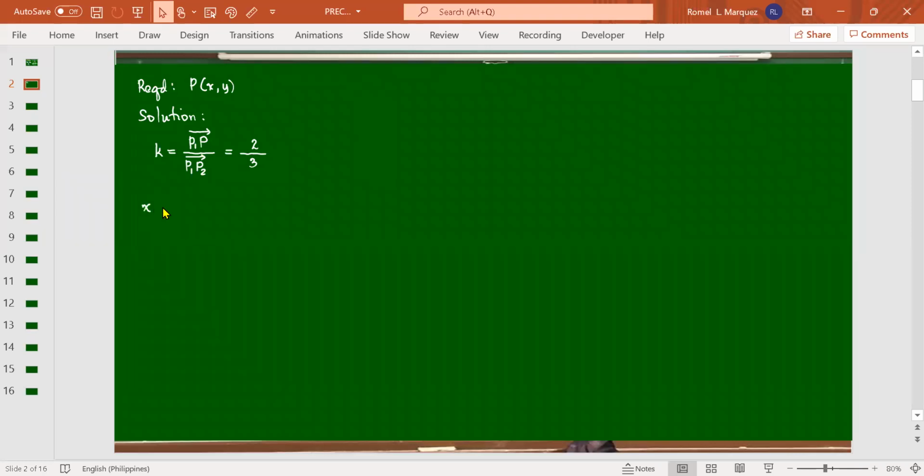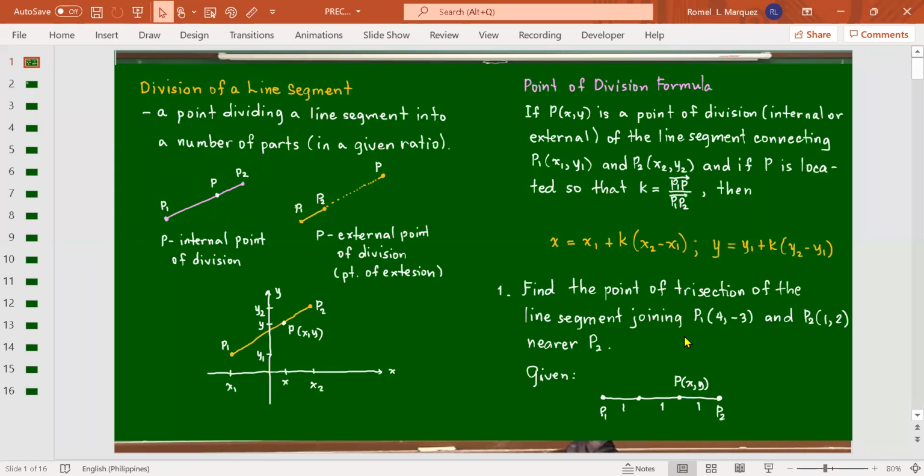To solve for X, we have X sub 1 plus K times X sub 2 minus X sub 1. But what is our X sub 1? 4, no? X sub 2, 1.